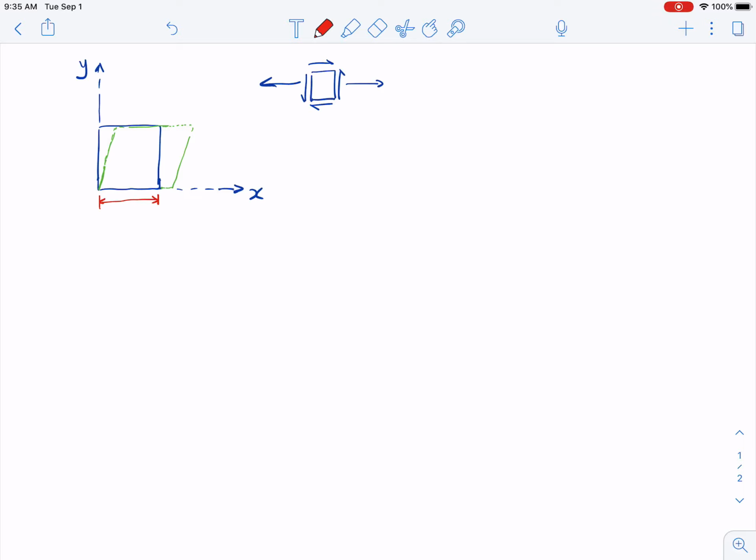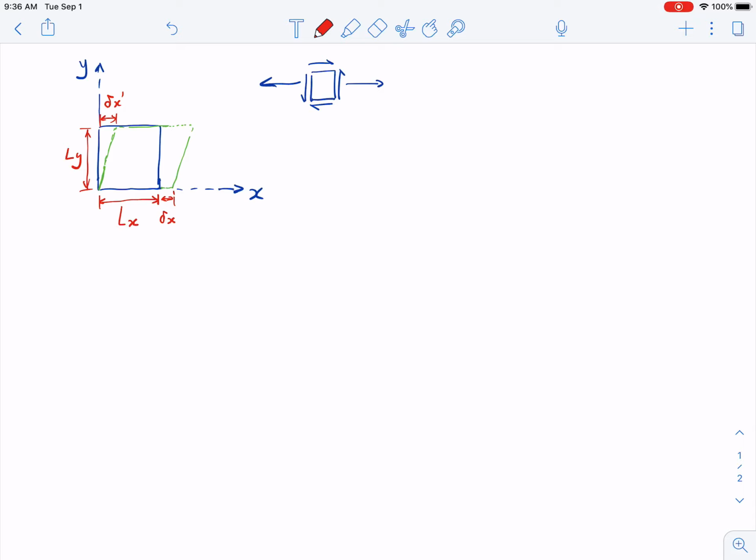This is the original size Lx, and here is the delta x, the lengthening change in the x direction because of the normal loading. And here you have another deformation, delta x prime, and here is the original length in the y direction. This is Ly.